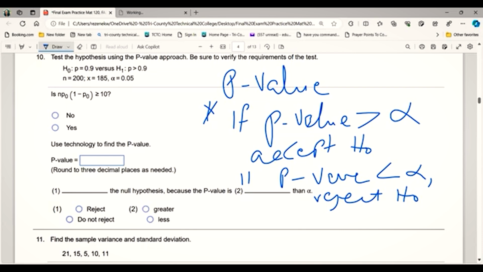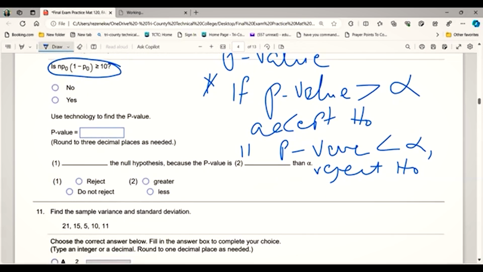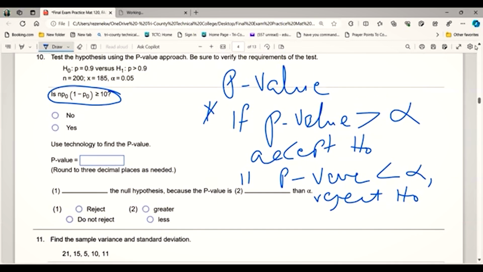And this is another proportion question, so you must answer the question about conditions. Is the variance of this data greater than 10? If the variance is not greater than 10, you are not allowed to do inference. If the variance is less, you stop there. So I want to check the variance.